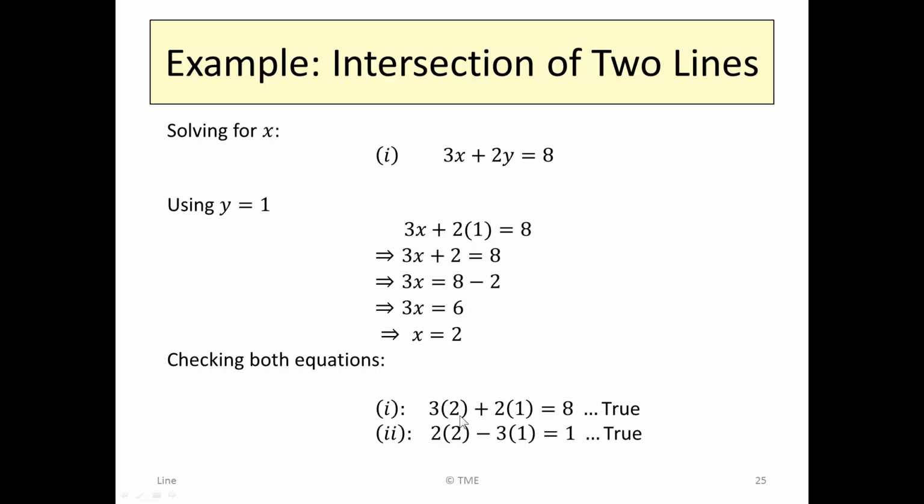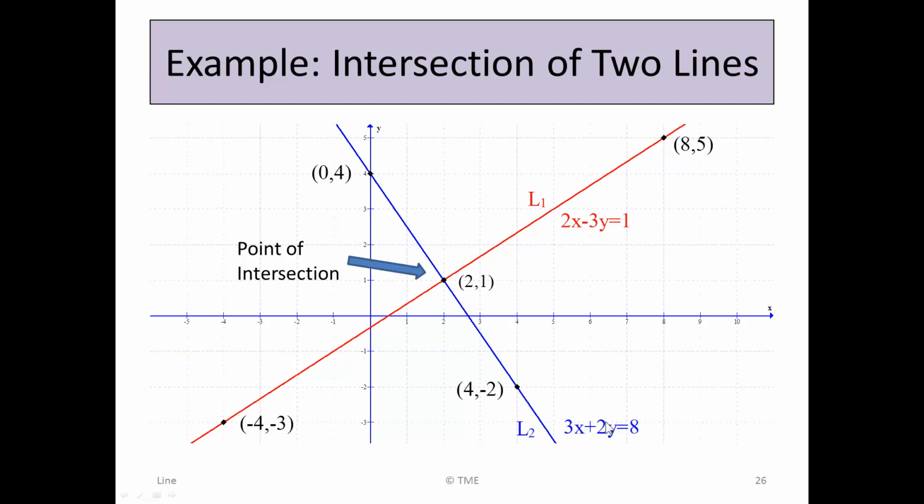Using the second equation, 2x minus 3y is 1, 2 times 2 is 4, minus 3 times 1 is 3, so 4 minus 3 is 1, and that's also true. So confirmation that the point 2, 1 is the actual point of intersection, as we saw in all of the visual and drawing processes as well. But we know from algebra it's precisely 2, 1.